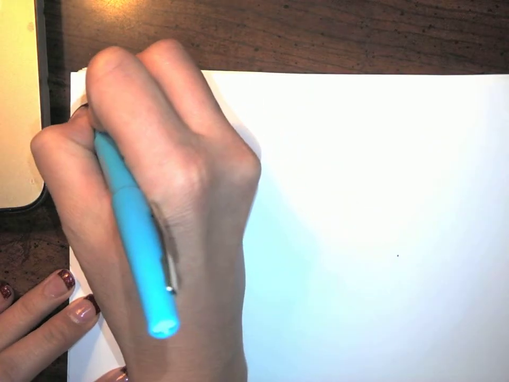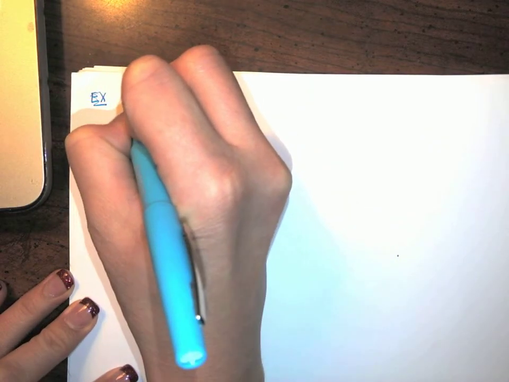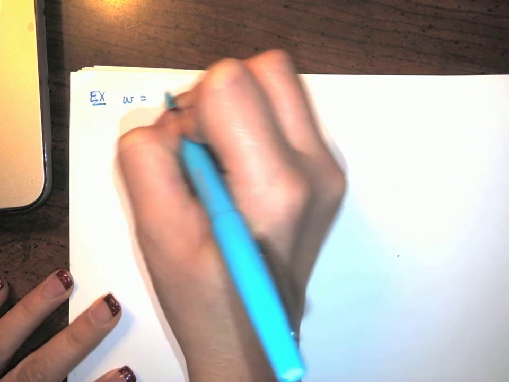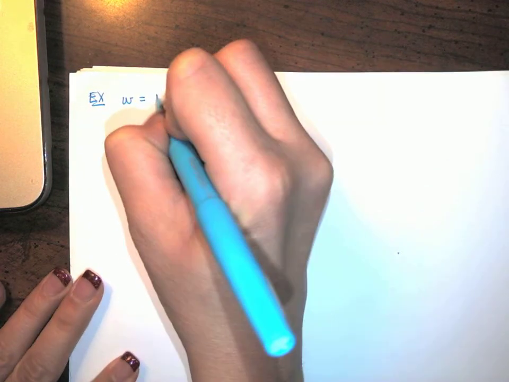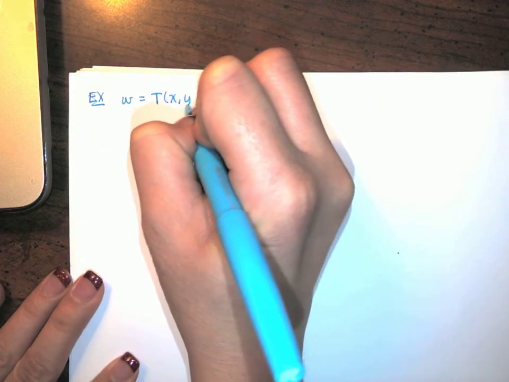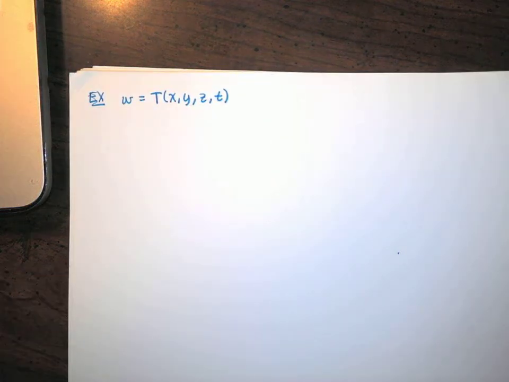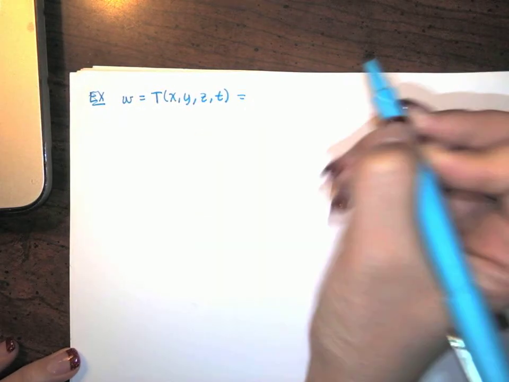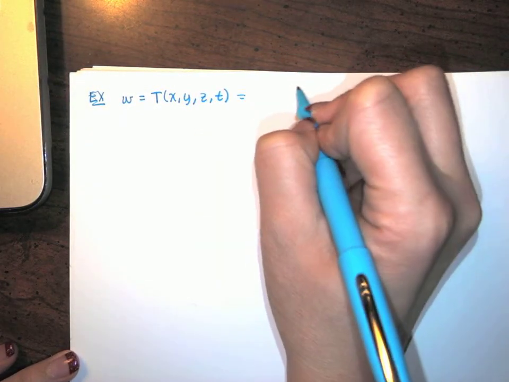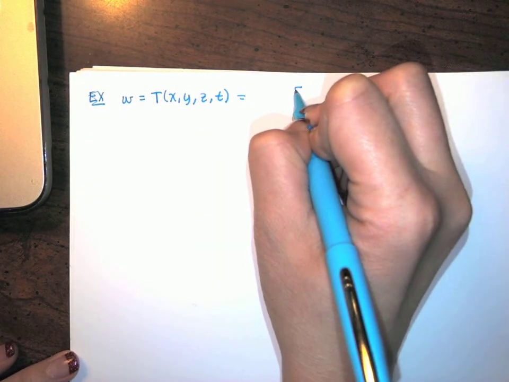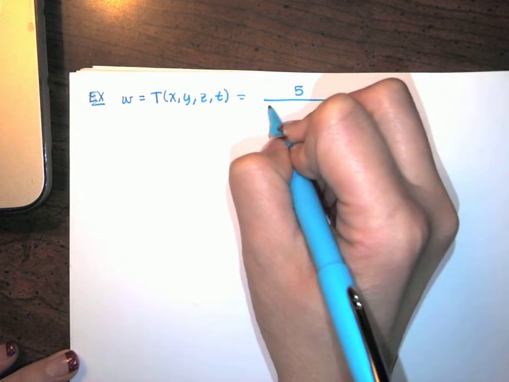So let's say you have a function that looks like this. So let's say W, maybe W is temperature. It's a function of x, y, z, and t. Maybe your temperature formula is kind of weird, and it's got terms that look like this.